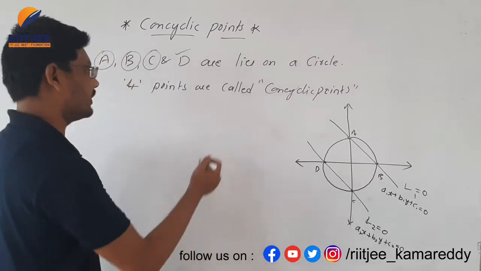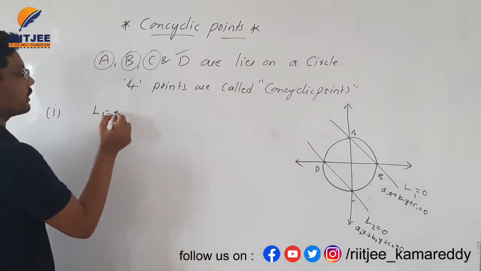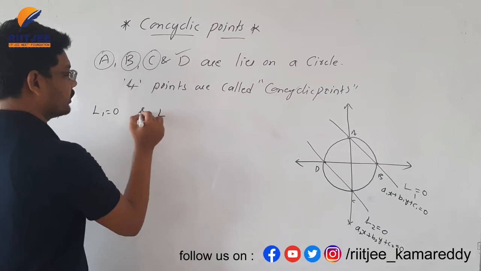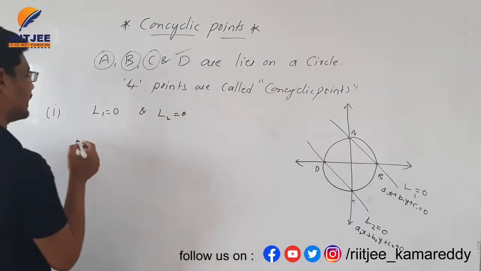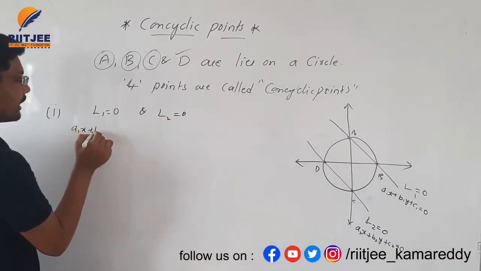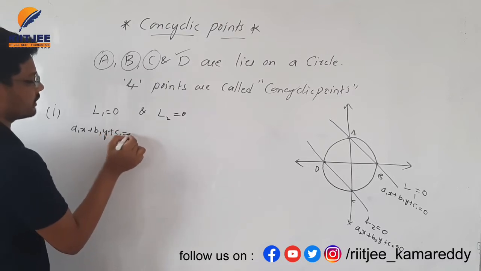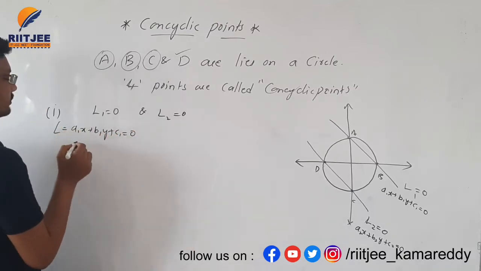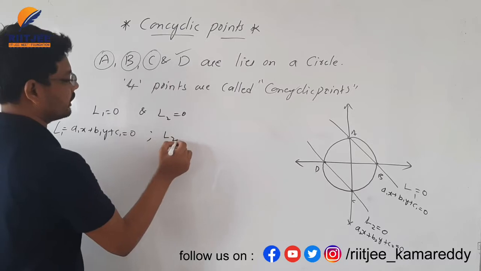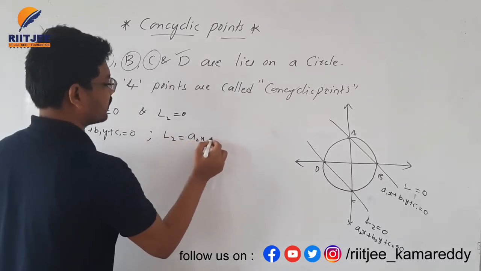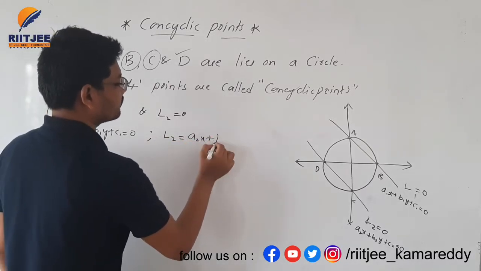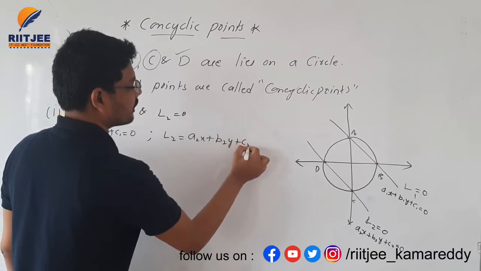In the first condition, L1 is equal to 0, that is a1x plus b1y plus c1 is equal to 0, and L2 is equal to 0, that is a2x plus b2y plus c2 is equal to 0.